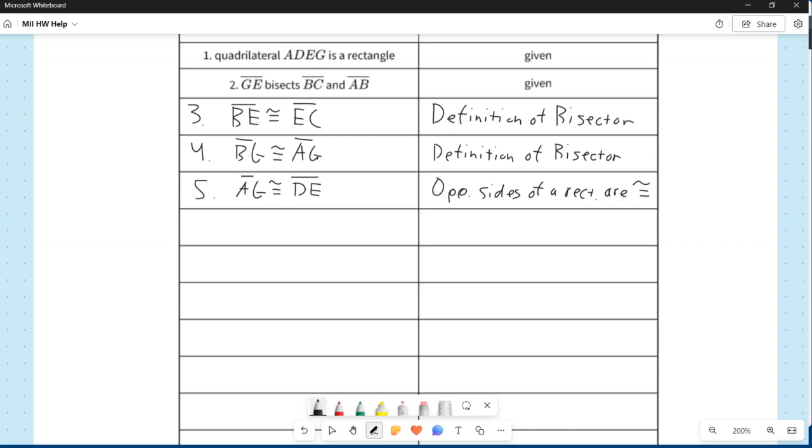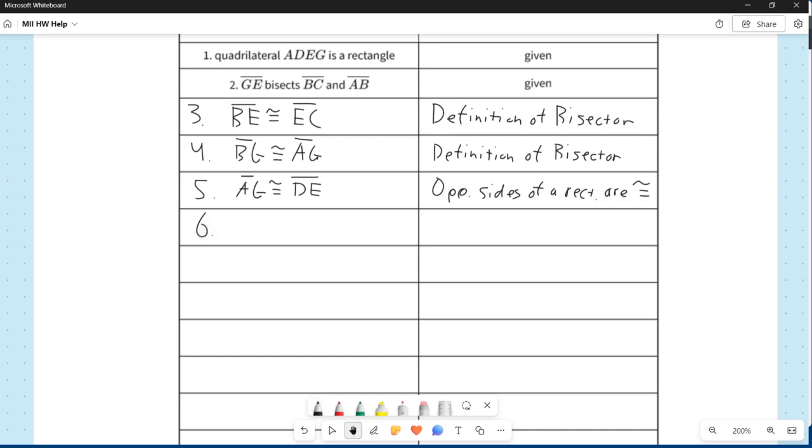That is one of the properties of rectangles that is firmly established. So because quadrilateral ADEG is a rectangle, which we established in statement number 1, we are allowed to say statement 5, AG is congruent to DE, because we know that opposite sides of a rectangle are congruent.